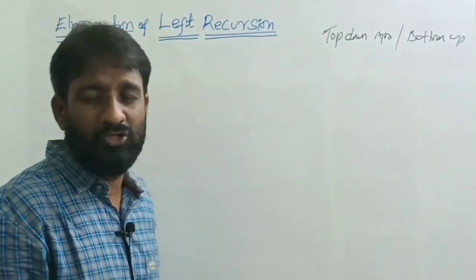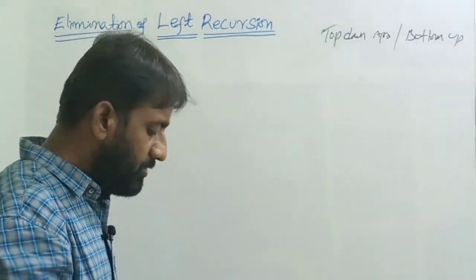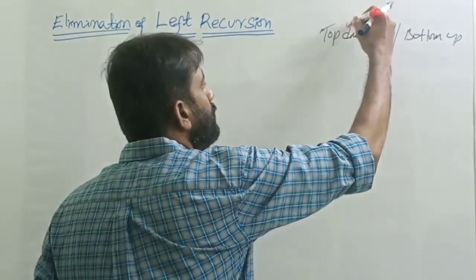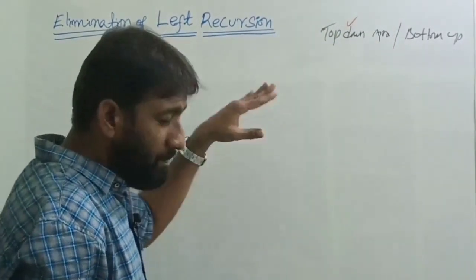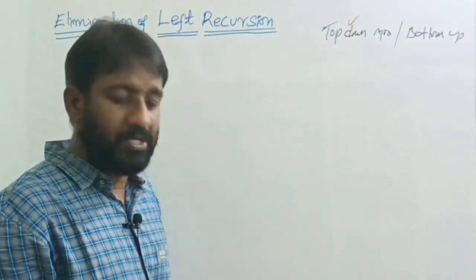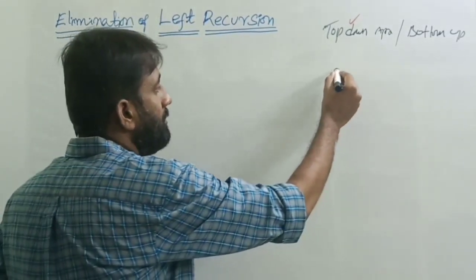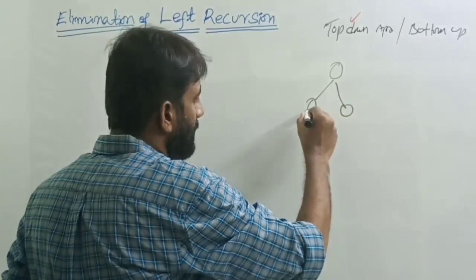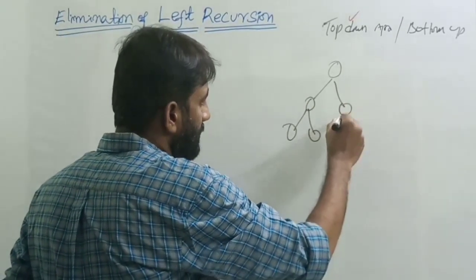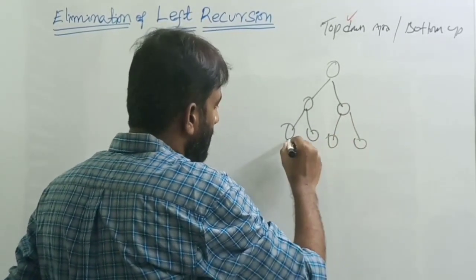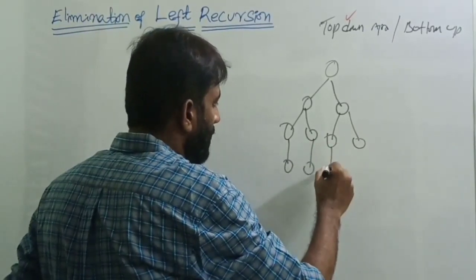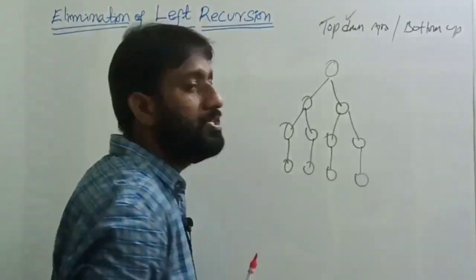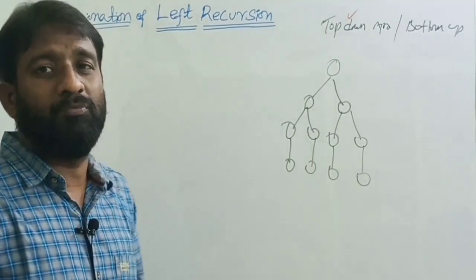If you are choosing the top-down approach, the compiler is going to generate the parse tree by first generating the root node, then its interior child nodes, then their child nodes, and finally its leaf nodes. This is how the parse tree is generated by using the top-down parser.